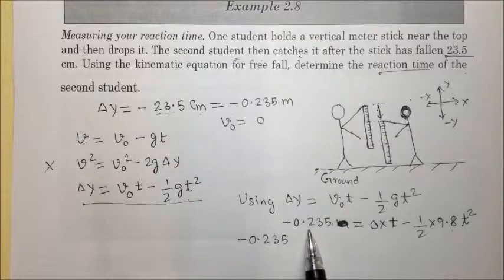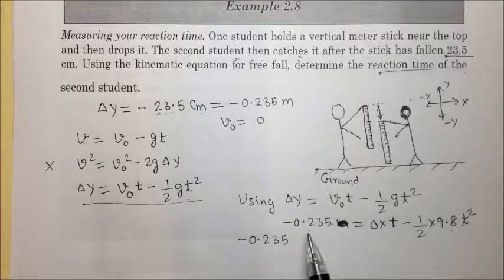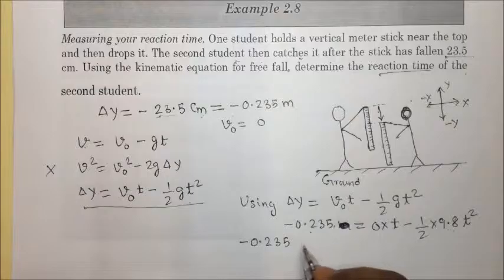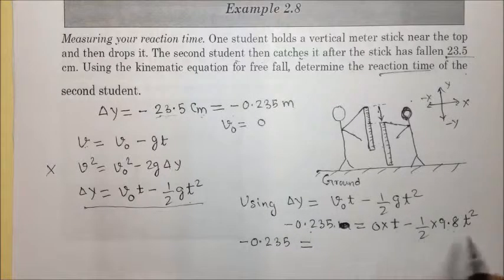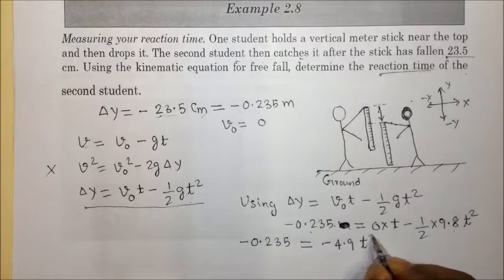All the lengths, all the distances have to be in meter, time has to be in second, G has to be in meter per second square. So I will make sure that these numbers are in SI unit. This is equal to minus 4.9 T square.